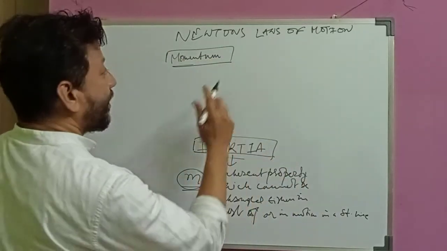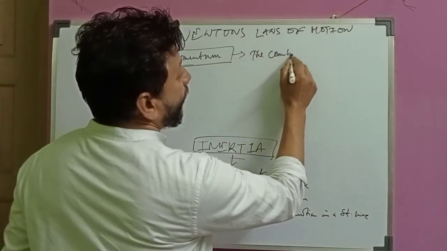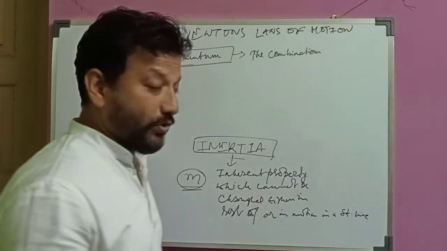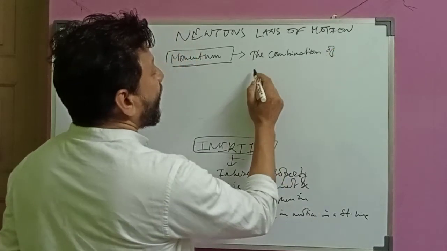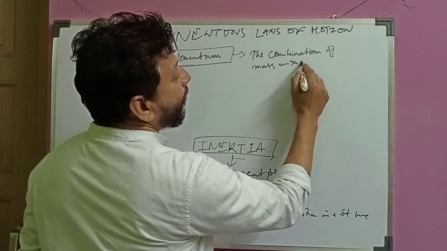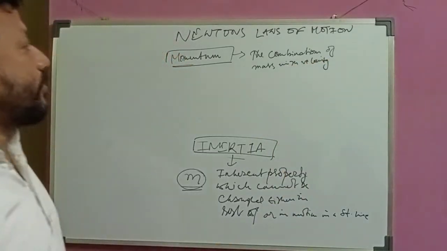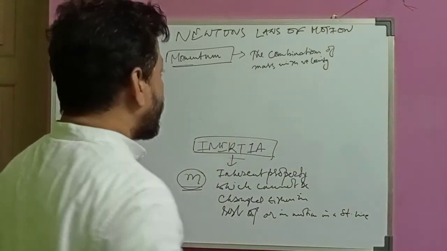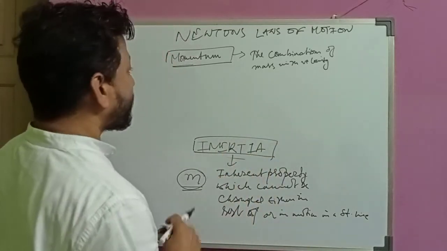So what is the momentum? Try to learn it very lucidly. Combination of mass with velocity. This is the momentum theory. So what we got? Momentum, we got inertia.